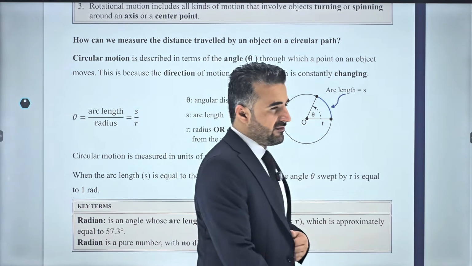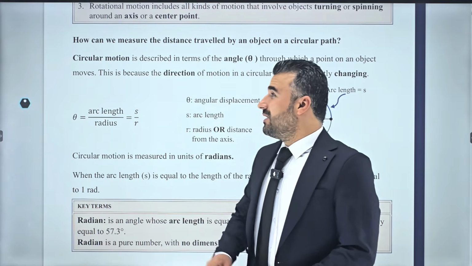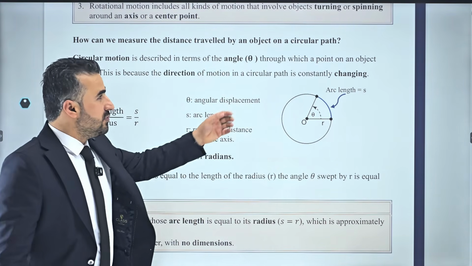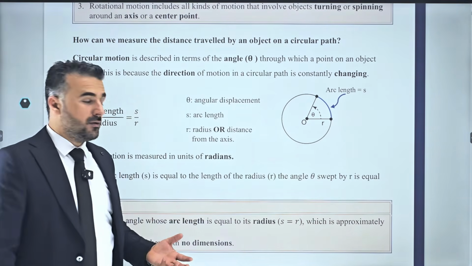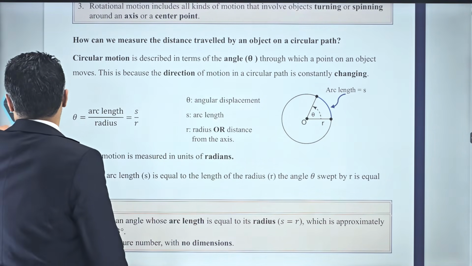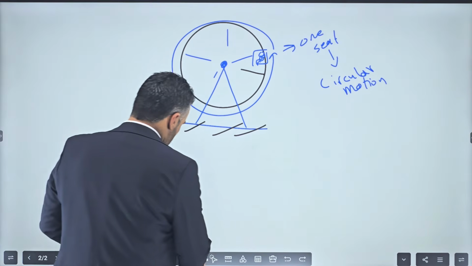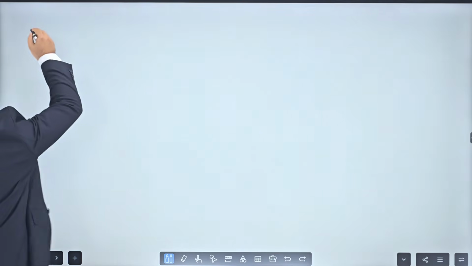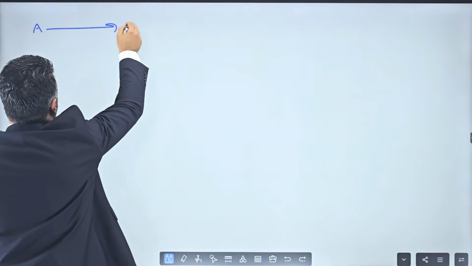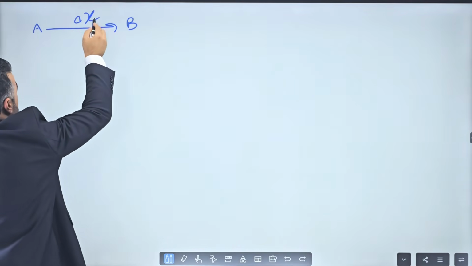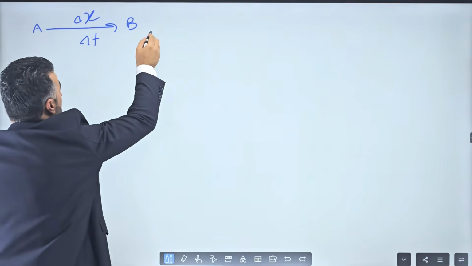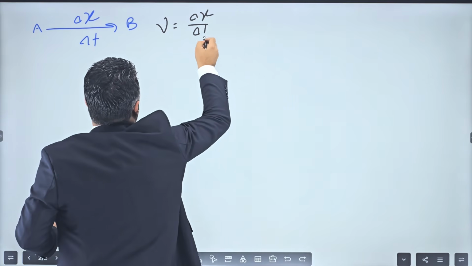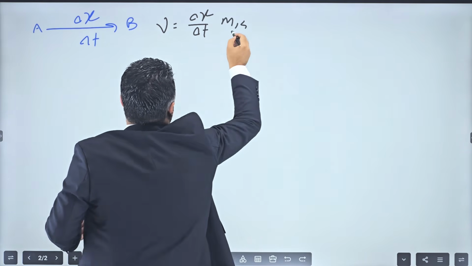Now at this point, of course, we have a very important question. How do we measure the distance traveled by an object that is moving on a circular path? If you remember, in grade 11, when an object was moving from point A to point B, it was traveling a certain displacement over a certain time, and we used to find velocity, which is equal to delta x over delta t, measured in meters per second.